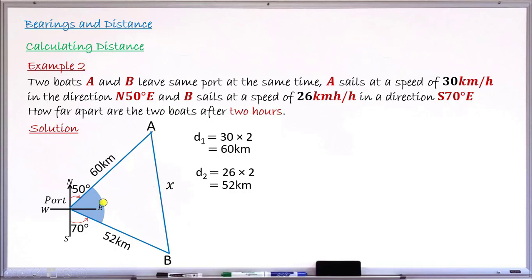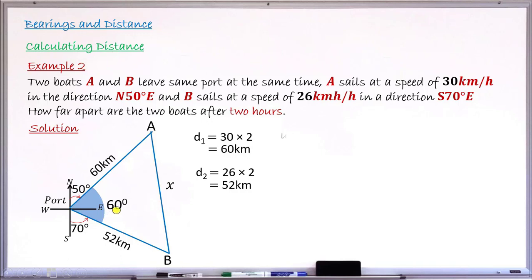So let me think how I can get this angle. You see, this is 70, so I can get this remaining angle because the complete angle here is 90. Also, this is 50, so I can get what remains here to make it 90. So there I'm going to have this angle here as 40, and this angle here as 20. So adding 40 and 20 gives me the whole of this angle as 60 degrees.